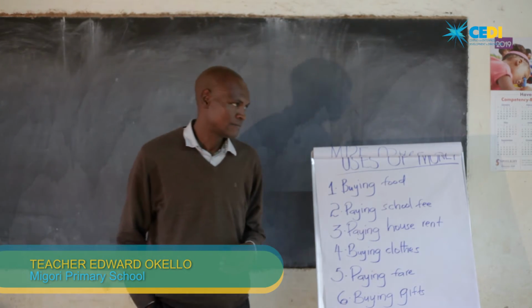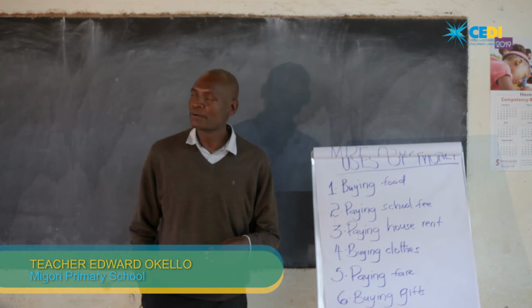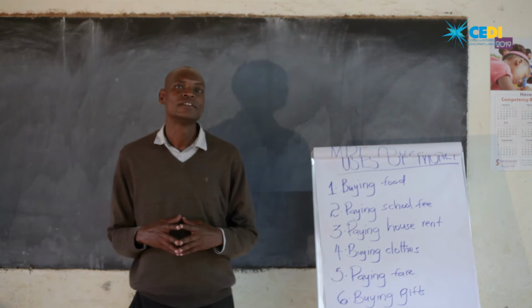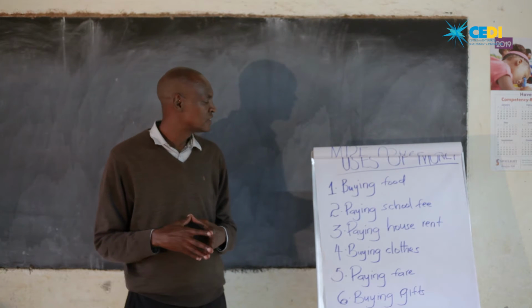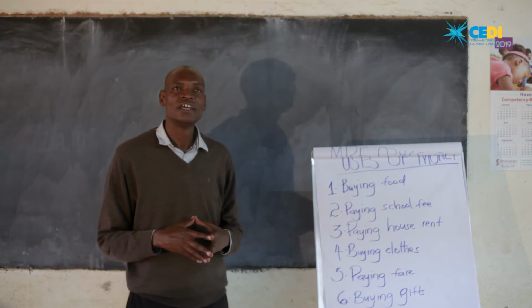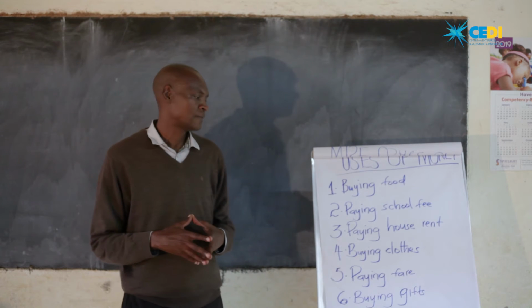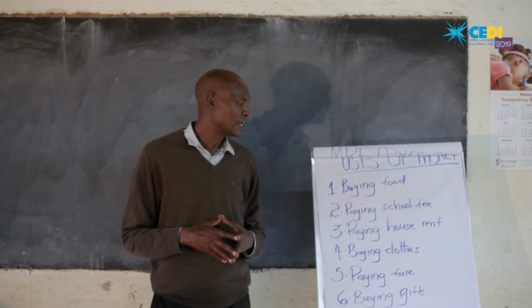Most of us are in day schools because we are still in primary, but some of us are in boarding schools or private schools. Your parents normally pay school fees because you cannot learn in a private school for free. And that is another use of money.